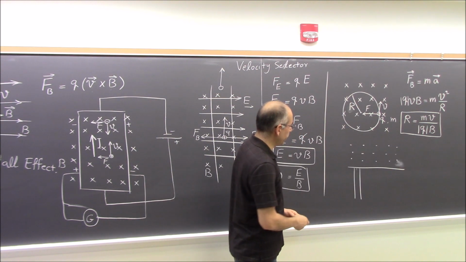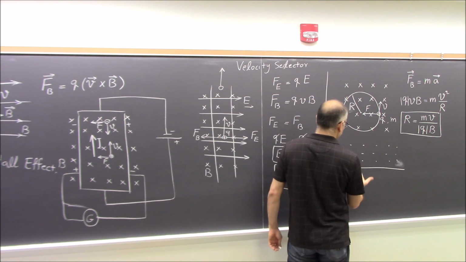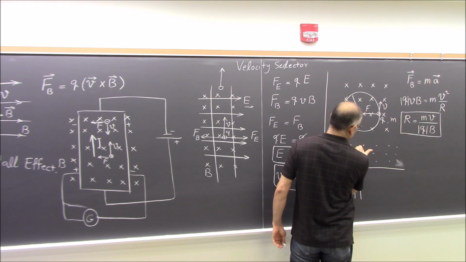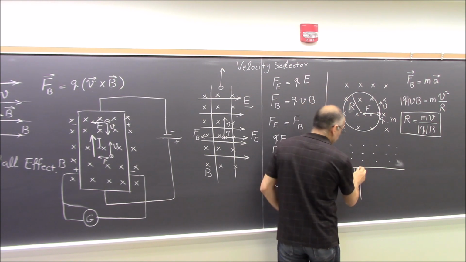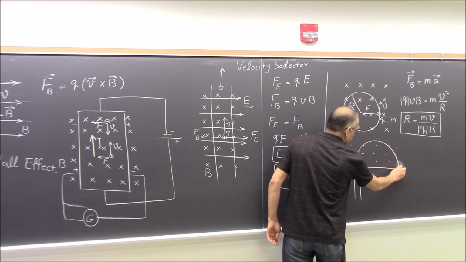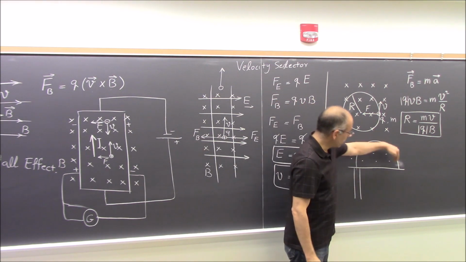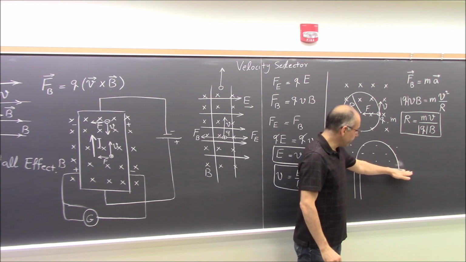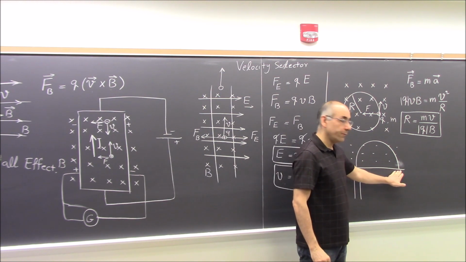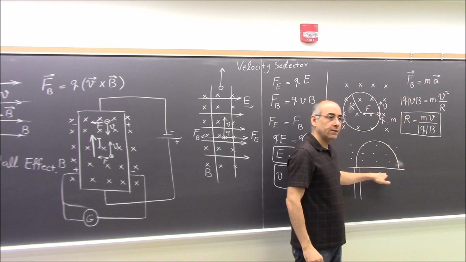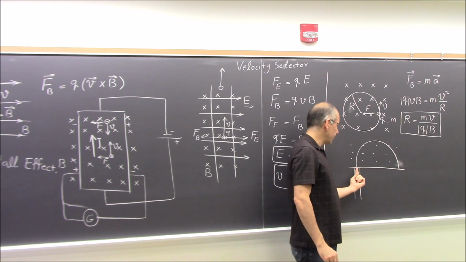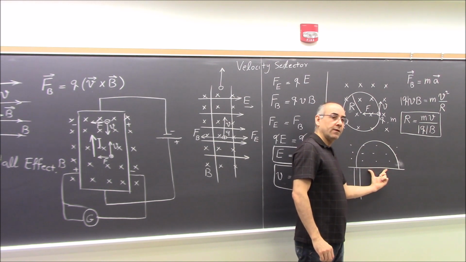Magnetic field is out of the page, and then V is this way, V cross B is this way, so they turn around on a circle, right? And when they come around on a circle, they put a detector here, and the particles are detected at different points, which is a distance from here of 2r, right?